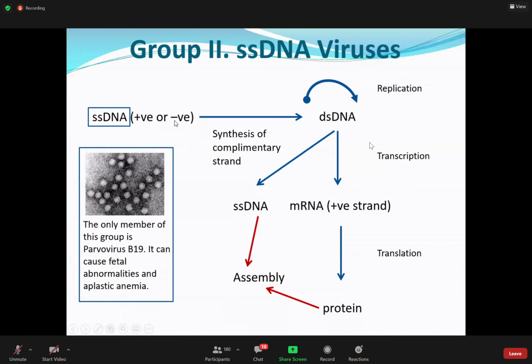So from this single strand within the virus particle, you create the complementary strand to make double-stranded DNA, which you can then read off to make messenger RNA and to make more single-stranded DNA. From the messenger RNA, you make more protein, which can then assemble into capsids to encapsulate the new single-stranded DNA molecules.